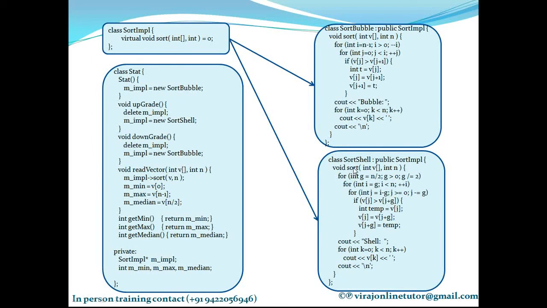Simple. So when I call upgrade, we are switching to shell sort. When we call downgrade, we are switching back to bubble sort. And read vector, based on what is contained in this variable, calls the sort function of either bubble sort or shell sort.